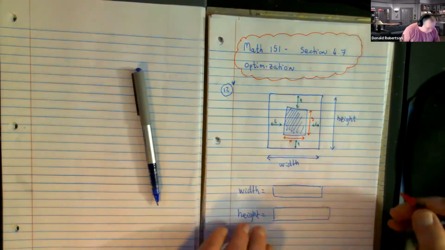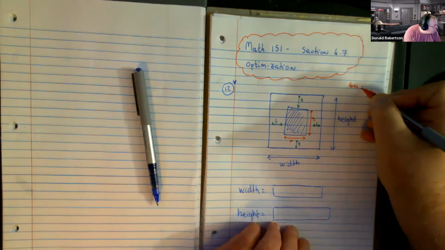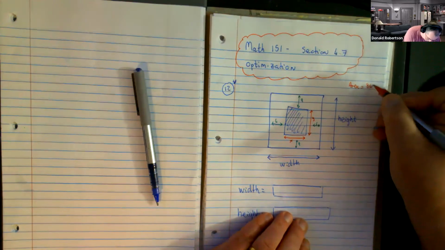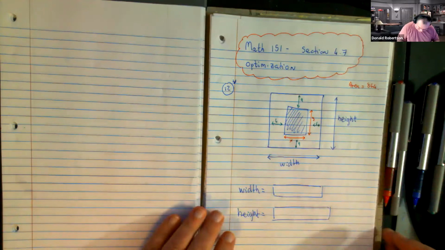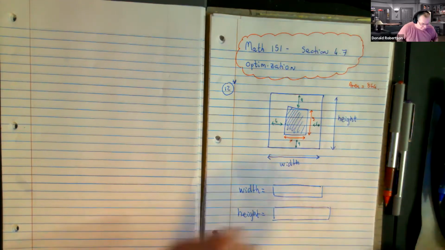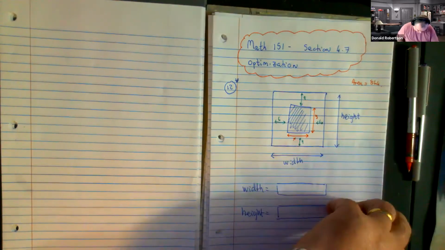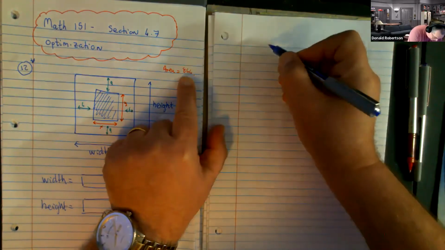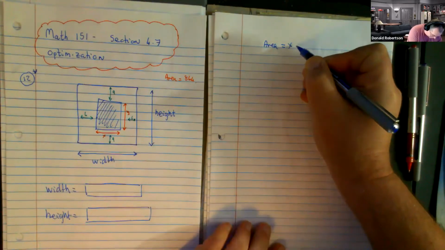And they did tell us that the area of this guy was 864. Well, somehow or other, that needs to be enough information to do everything that we want. So let's start the work here. This distance I'm calling X, this distance I'm calling Y. Since I know that area, the area of the shaded picture is XY.